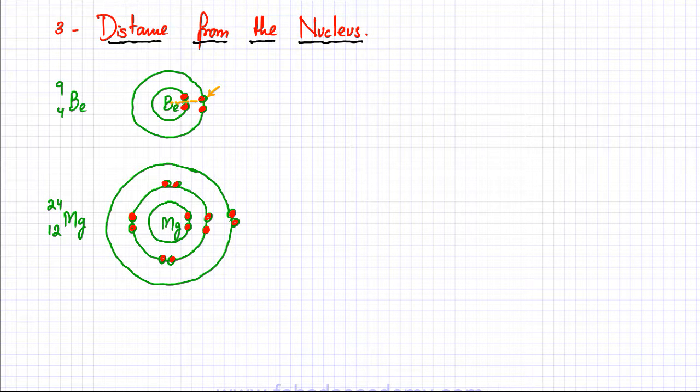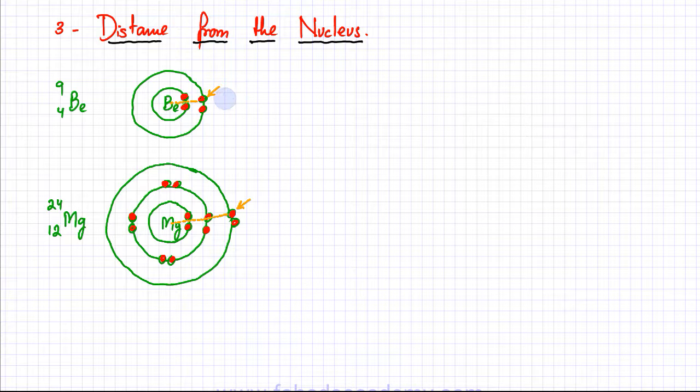I'm comparing it with this other atom of magnesium that I have over here. If I try to remove this outer electron in magnesium, this electron is further away from the nucleus. Now remember one thing, we're only focusing on distance. We're not talking about nuclear charge, and we're not talking about shielding. So just focus on distance.